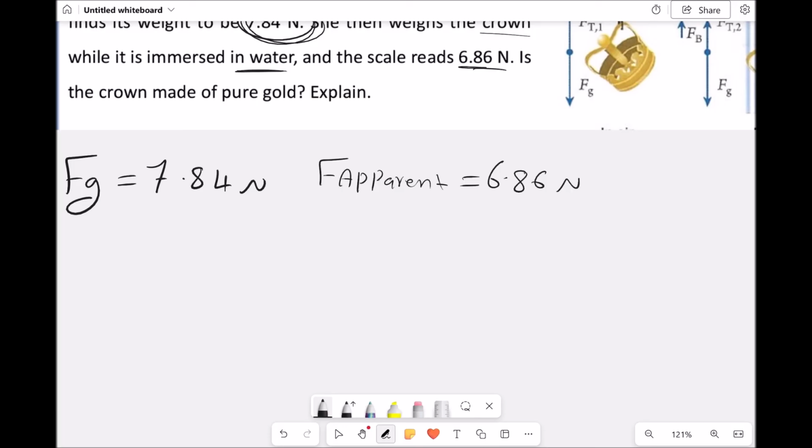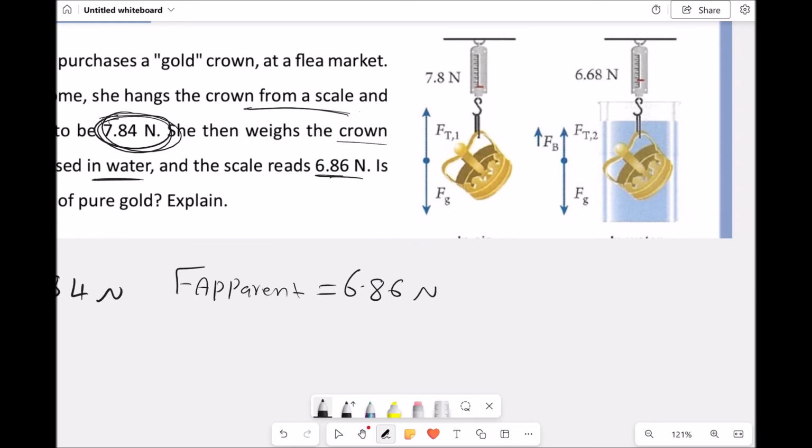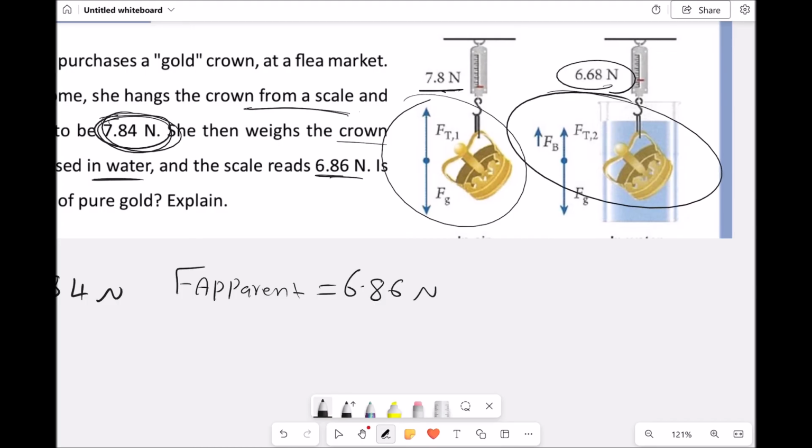Explain. Now guys, remember the equation we had for finding the density of an object. This is the crown in air, the weight of the object, which is equal to 7.84 Newton, and this is the crown in water, which is equal to 6.86 Newton. We had an equation for finding the density of an object.